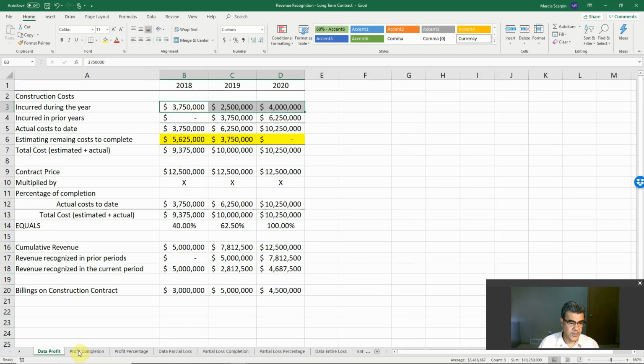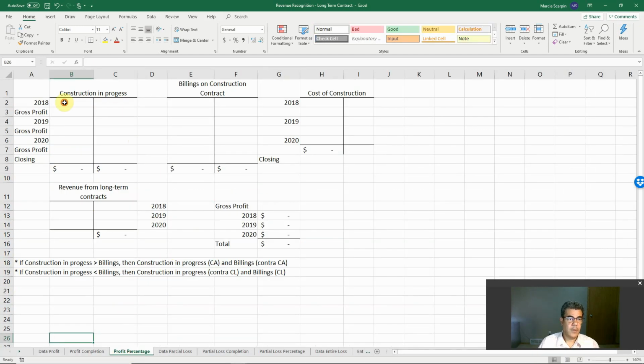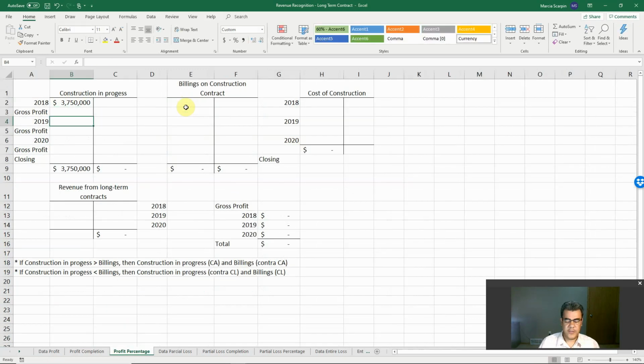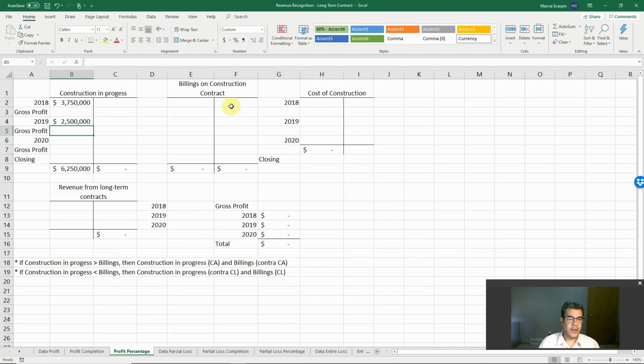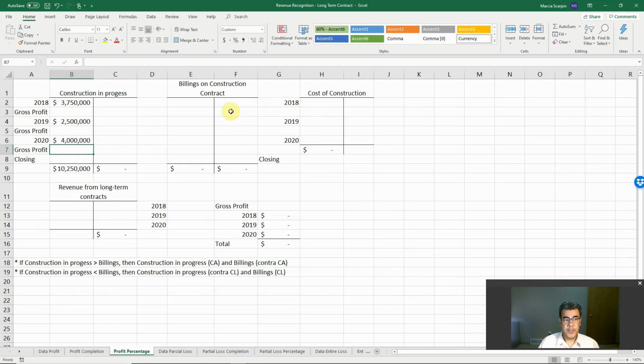So let's come here. Construction in progress will be 3.7 in 2018, 2.5 in 2019, 4 million in 2020.